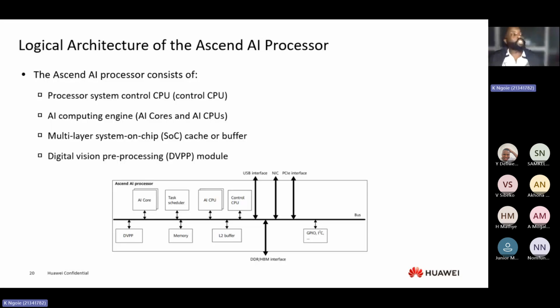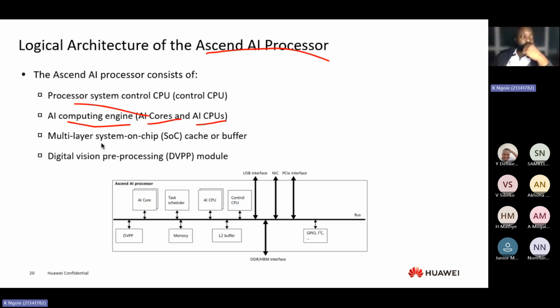So this is the architecture of the Ascend AI processor. We have a processor system control, which is basically a control CPU. Then we have an AI computing engine, which is considered to be the AI core and AI CPU. This is specifically for AI.